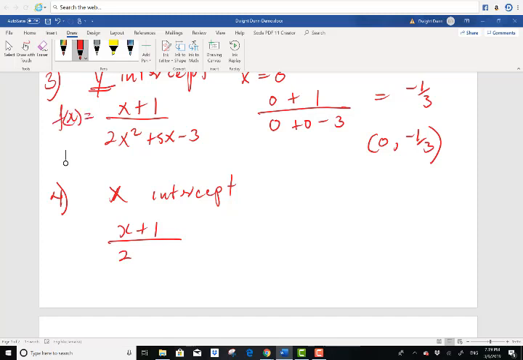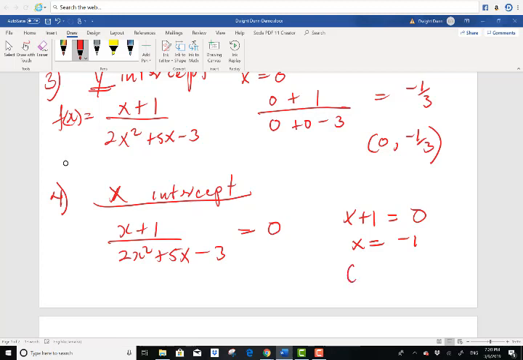So to determine my x-intercept, I let y, because f of x represents y, equal 0. Once that is equal to 0, I cross multiply. So my result here is x plus 1 equals 0, because that's the only thing remaining. And as a result, we have x equals negative 1. So my x-intercept will be (-1, 0).